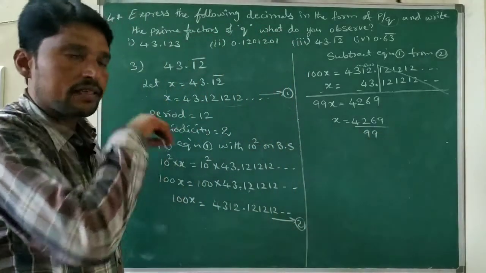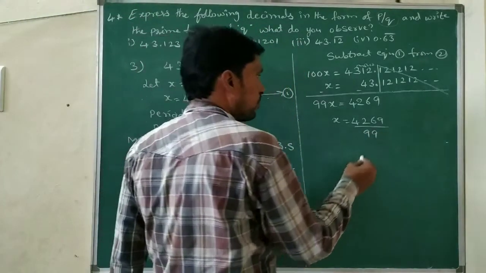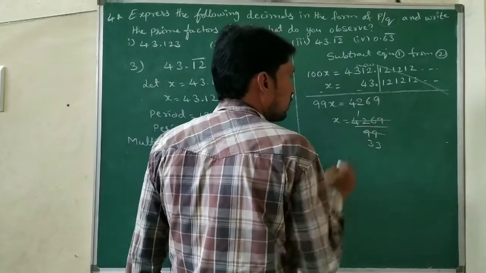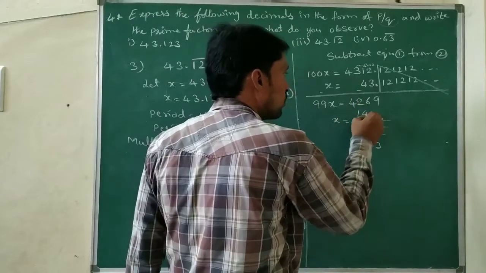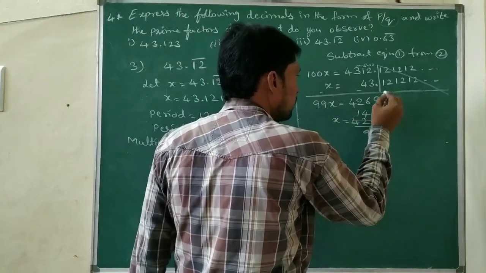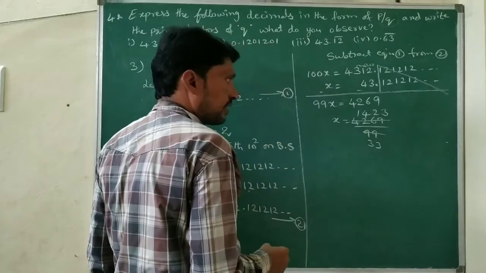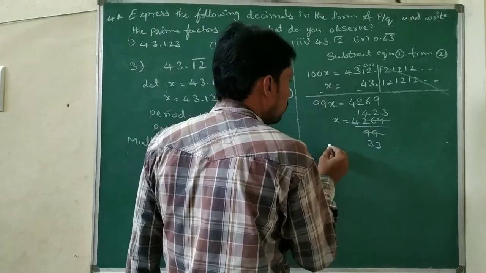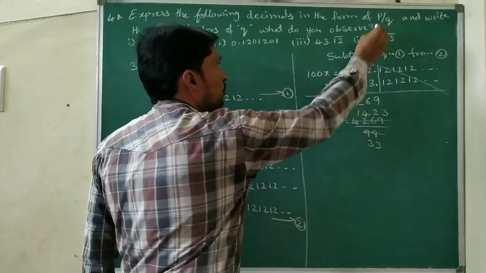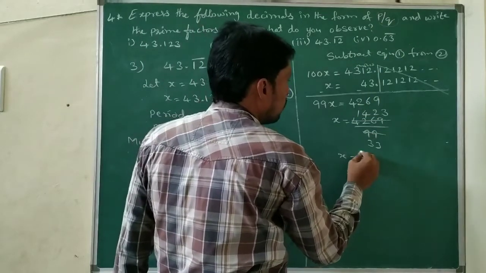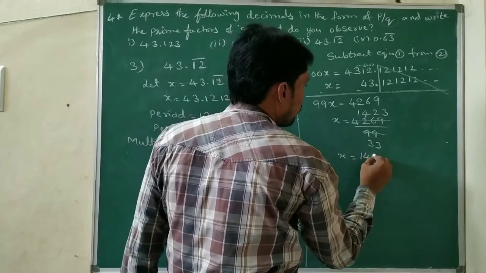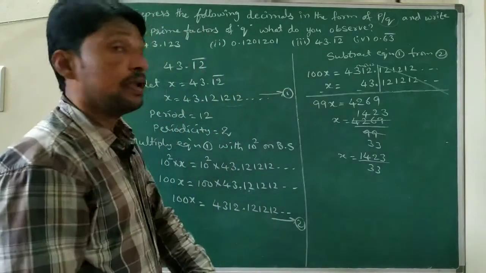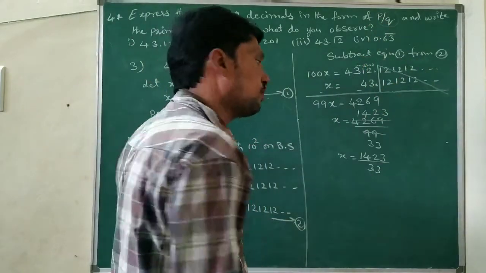Now we need to cancel. 3 3s are 9, 3 1s are 3; 3 4s are 12, 3 2s are 6, again we can cancel. Nothing more. So here we got the P by Q form: x equals 1423 by 33. It is the P by Q form.